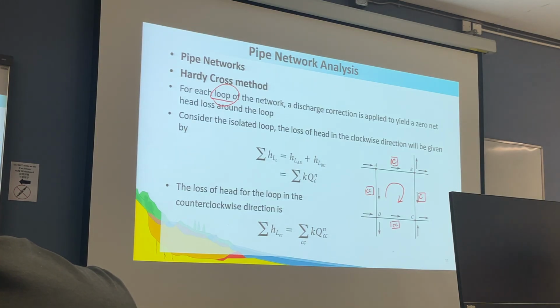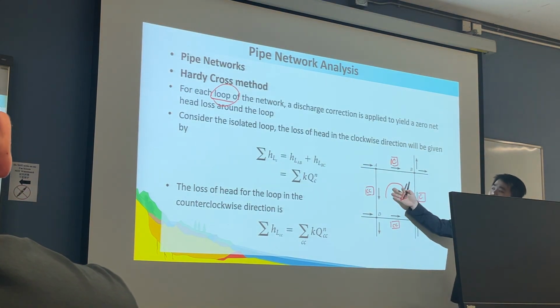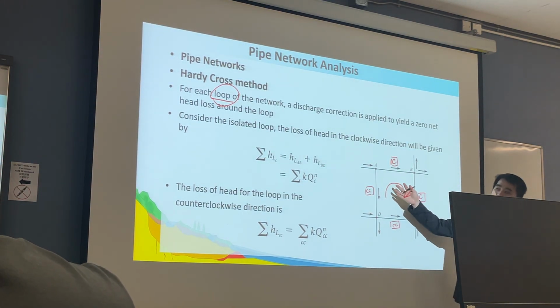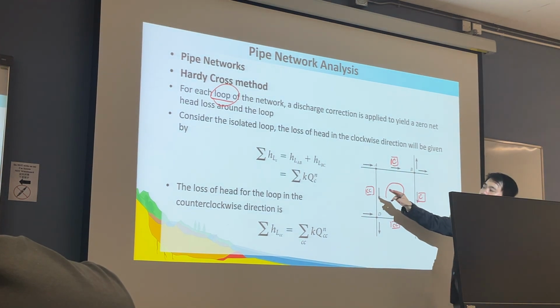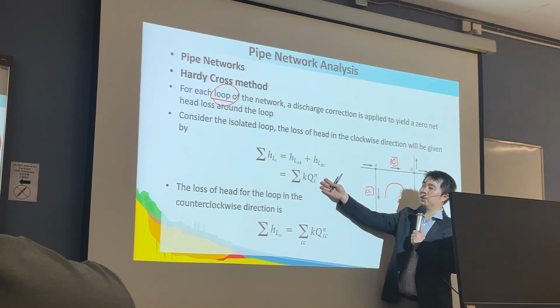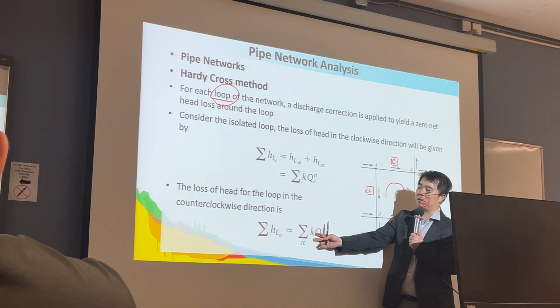DC is also counterclockwise. So we use clockwise and counterclockwise to separate the pipes, no matter how many pipes. We can separate the pipes into two categories: one is clockwise pipes, and the other is counterclockwise pipes.